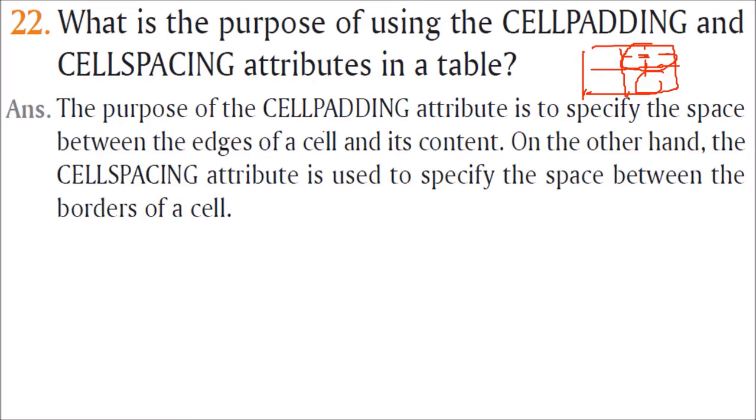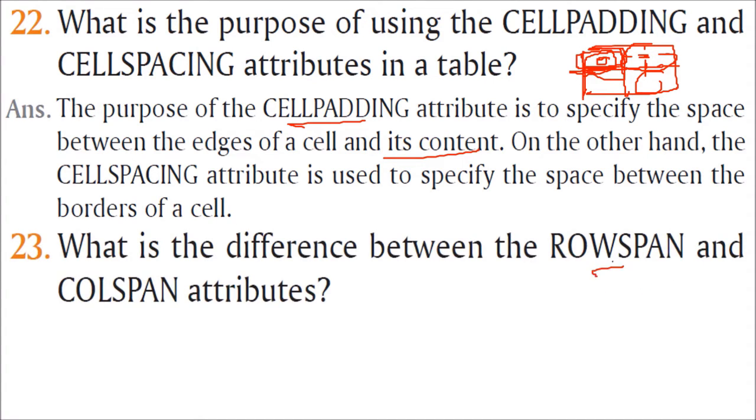The purpose of the cell padding attribute is to specify the space between the edges of the cell and its content. Cell padding means the content and edges of the cell, this edge. While the cell spacing attribute is used to specify the space between borders of a cell. These borders of a cell.